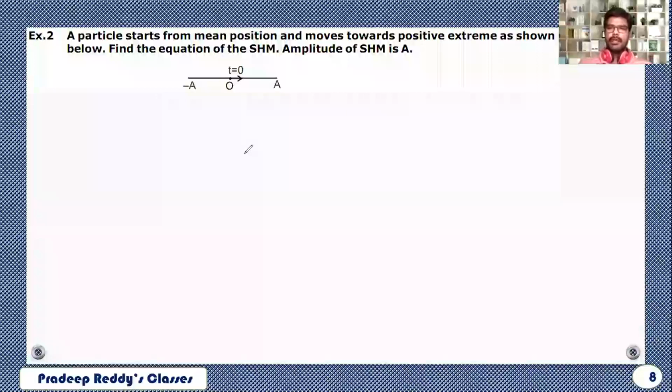The equation for displacement of simple harmonic motion represents a sinusoidal function. We got x is equal to a sine omega t. This is the equation for displacement of a particle executing simple harmonic motion. Using this, we will now solve one problem.